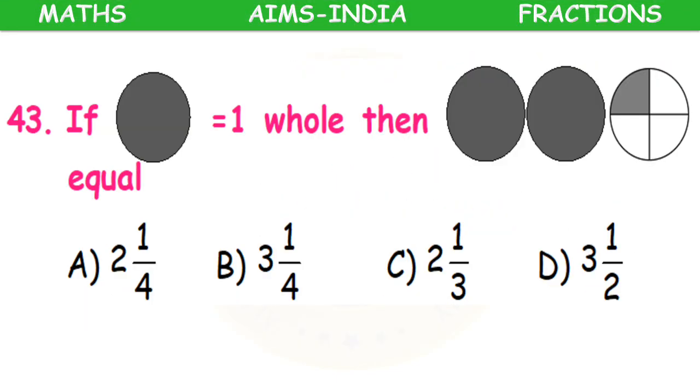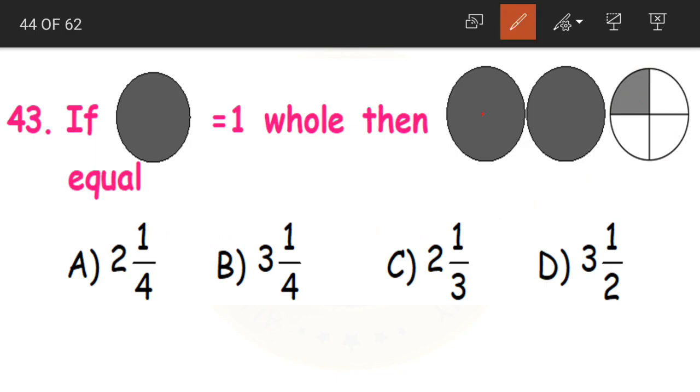Next question. If one circle is equal to 1, then 2 circles, and then we are having something here, only some part is shaded. See, this is 1 plus 1. How many circles do we have here? We are having 1 and then 1.